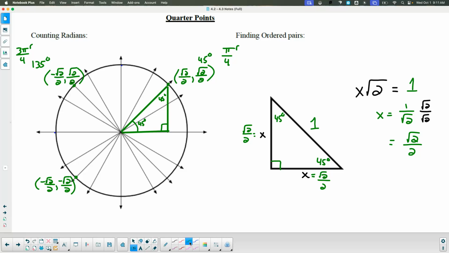I would be cutting the third quadrant in half, so that would be 225 degrees, or 5 pi over 4 radians. And sometimes you don't like your 5s, so then you just rewrite them.